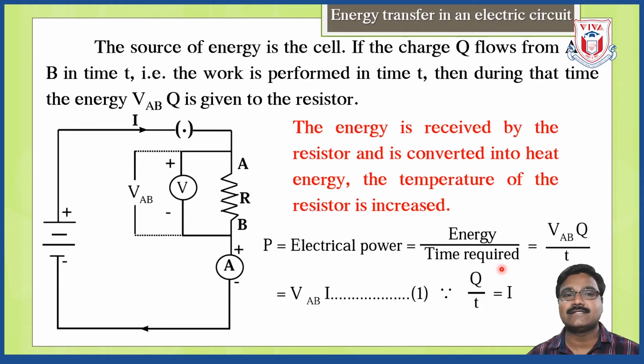Flow of charge is nothing but electric current, so we get P is equal to VAB into I. Then by using this formula we can easily calculate the electrical power of an electric bulb which is used in our home.